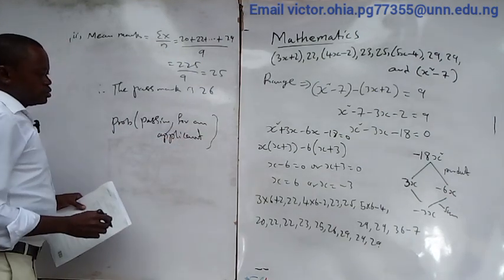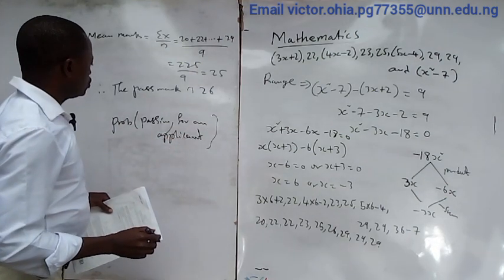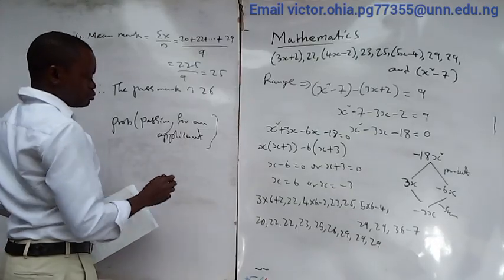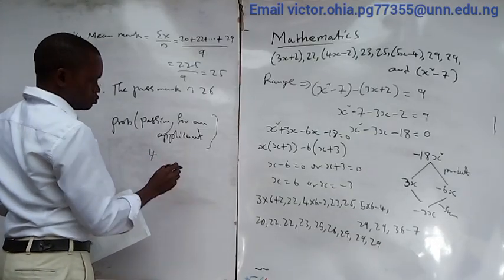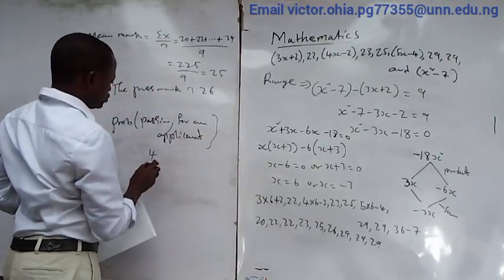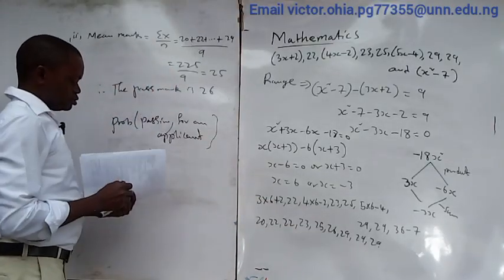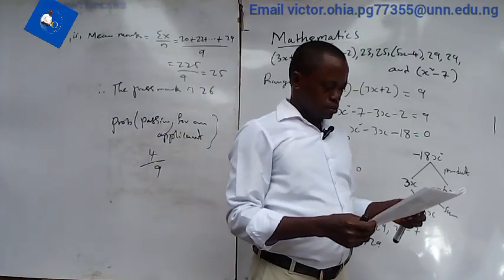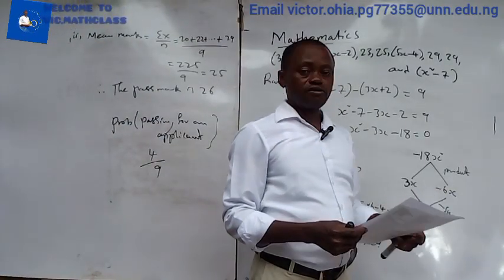The probability that an applicant selected at random passed will be 4 of them who passed over 9 applicants.